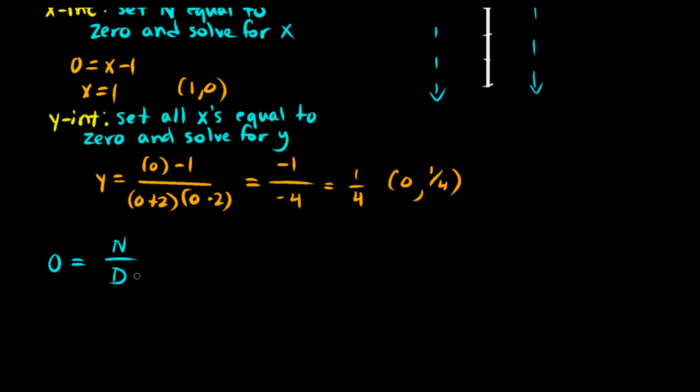All you're going to be doing is multiplying both sides by the denominator as a step. If I multiply the 0 by the denominator, I'm going to have 0. And if I multiply the other side, the denominators cancel and I just have the numerator. So that's the reason why the trick for the x-intercept is just skipping all of that and going straight for the numerator, setting that equal to 0 and solving.